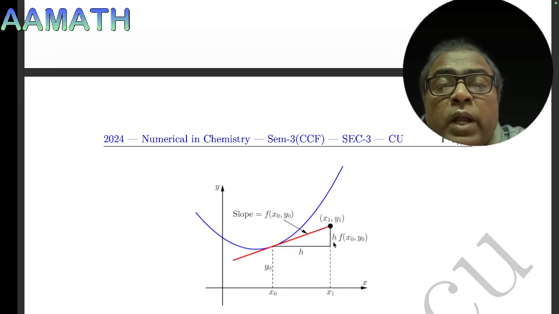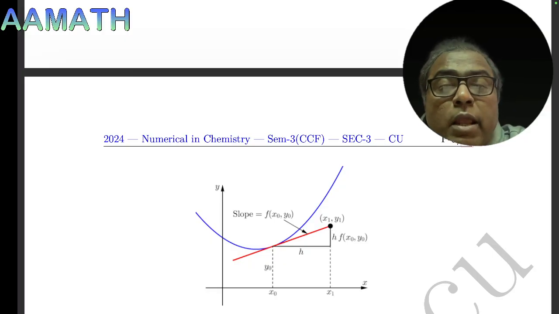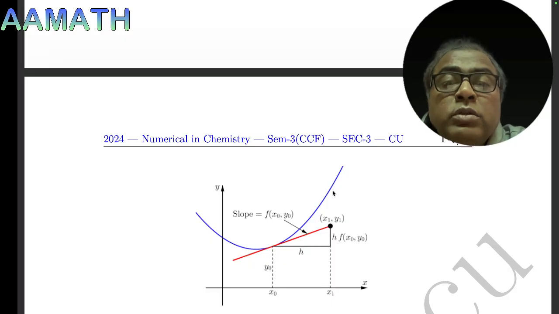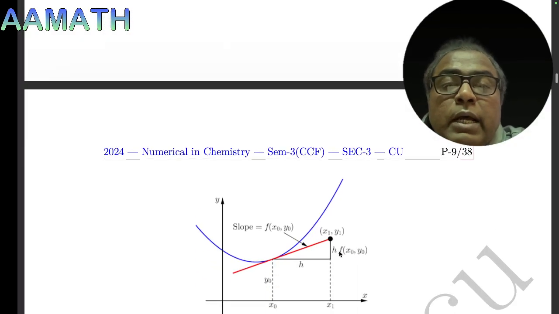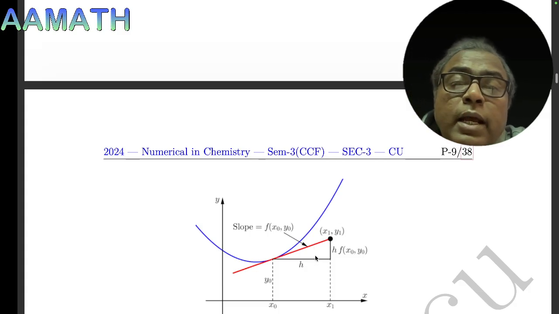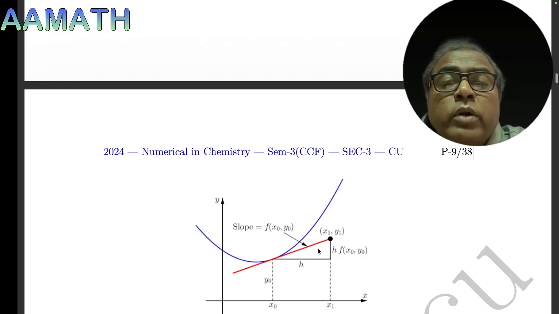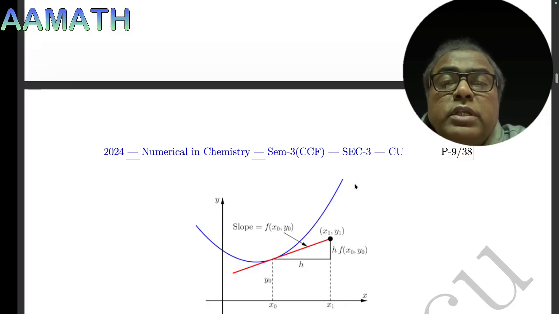So y0 + h f(x0, y0) gives the calculated value of y at x1, but the exact value is this point on the curve, which is unknown here. Next we draw a tangent at the point (x1, y1), and this tangent is parallel to the tangent at the exact point on the curve.